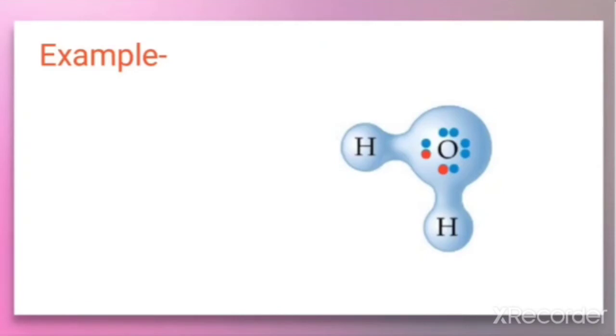Definitely a partial positive charge develops on hydrogen, and a partial negative charge is developed on oxygen. The atom which attracts the shared pair of electrons towards itself develops a negative charge, and the partial positive charge is developed on the other.